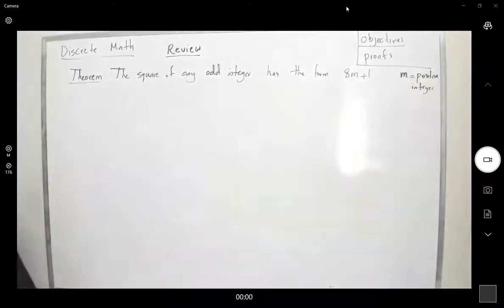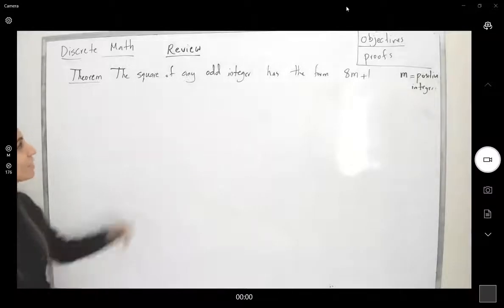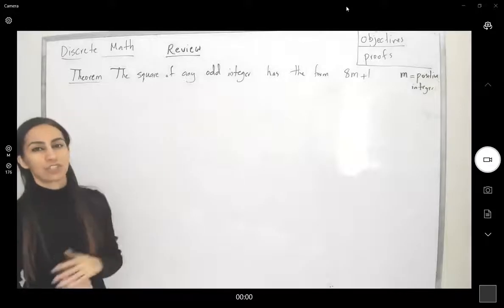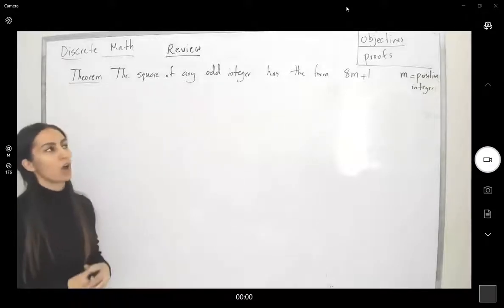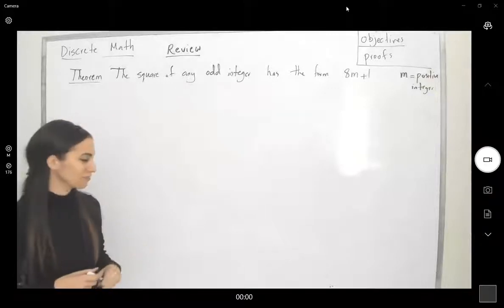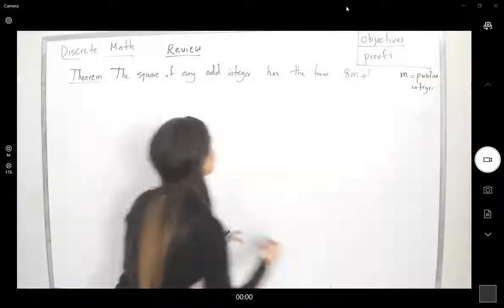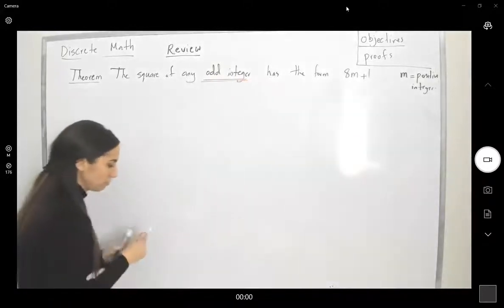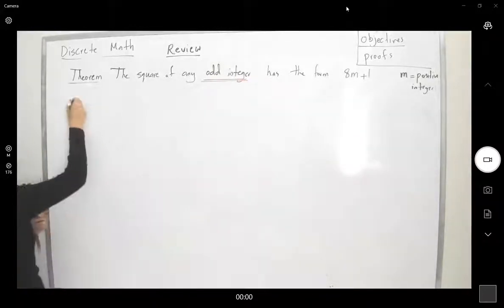Okay, so how do we prove that? The square of any odd integer. Let us try the direct proof. Use the definition. We're going to start by having an odd integer. Proof.